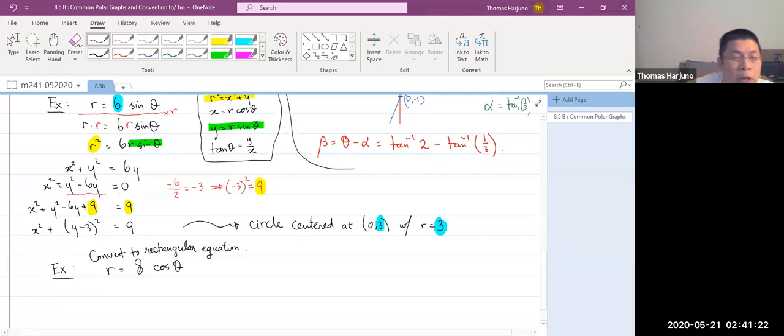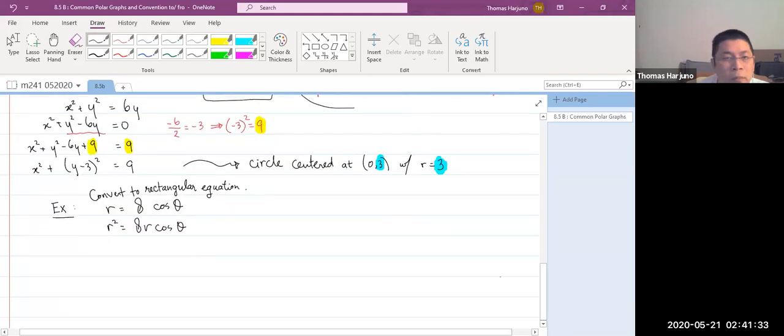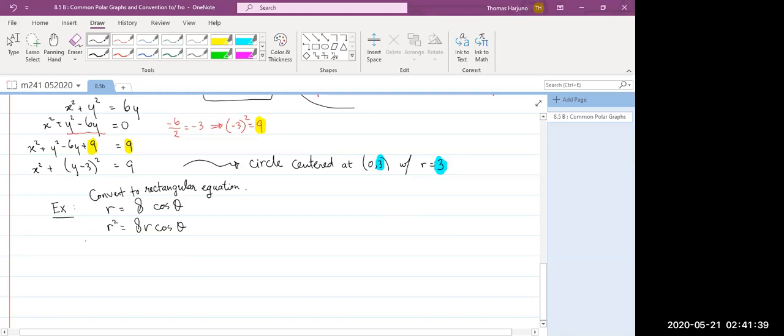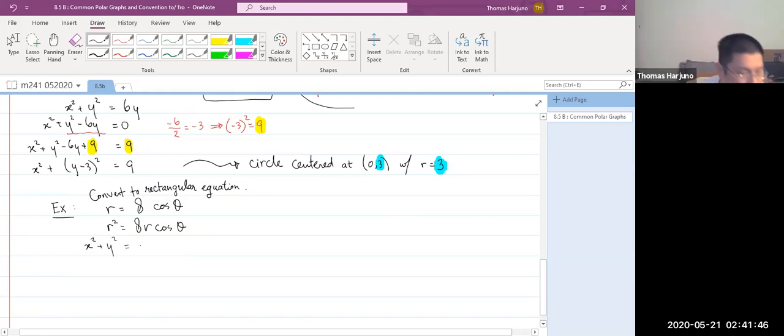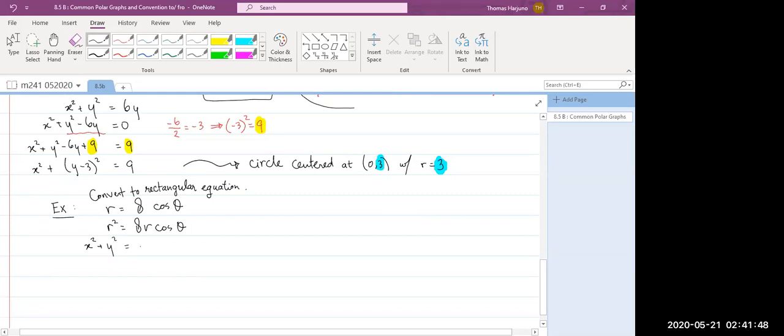I will multiply by r both sides, right? So r squared equals 8r cosine theta. So the left-hand side becomes x squared plus y squared, and the right-hand side becomes 8x.